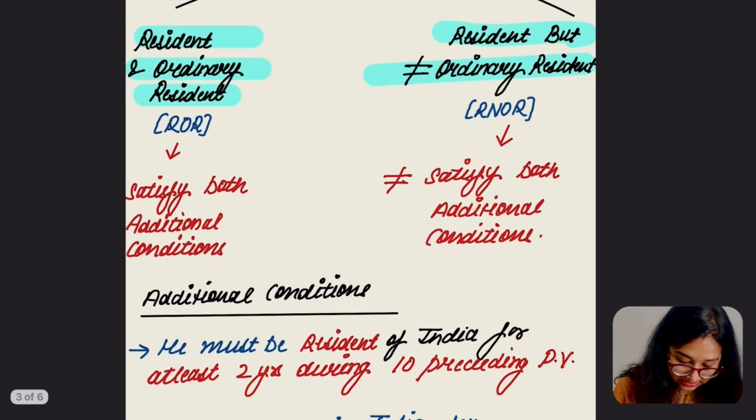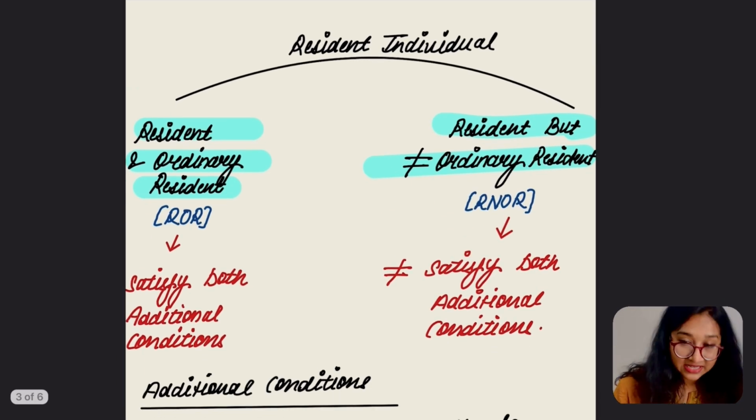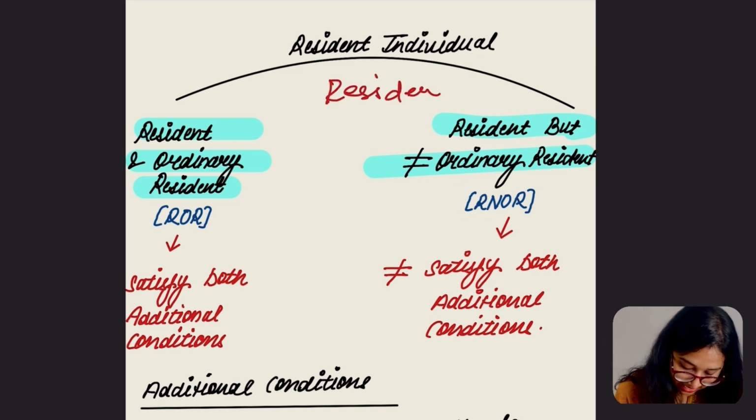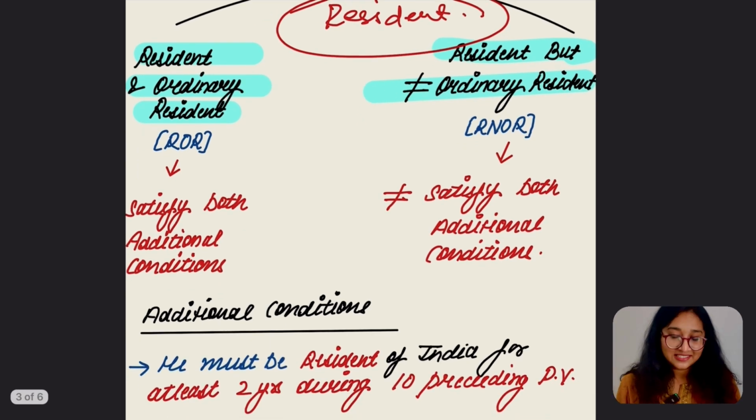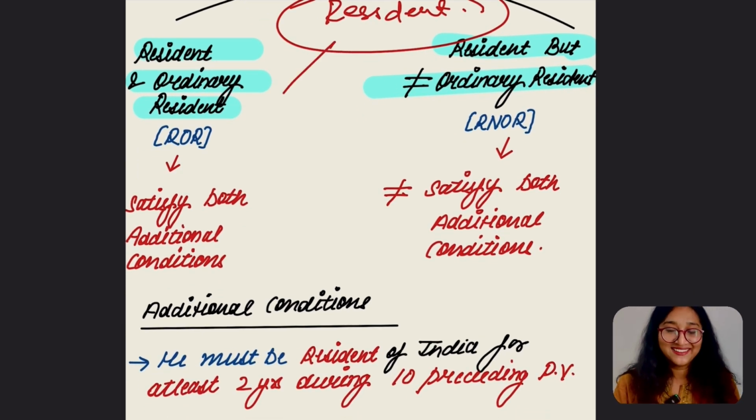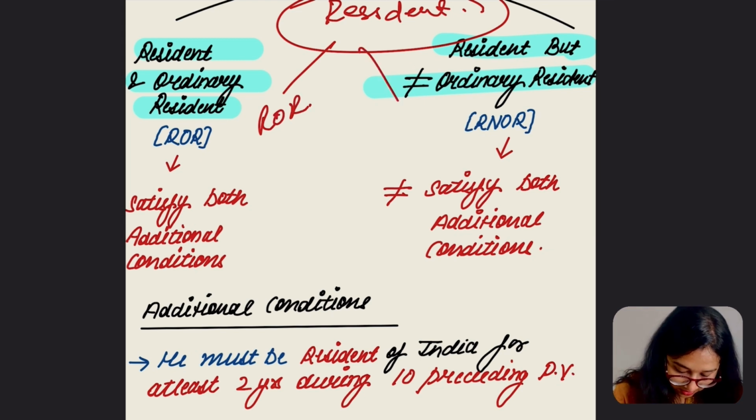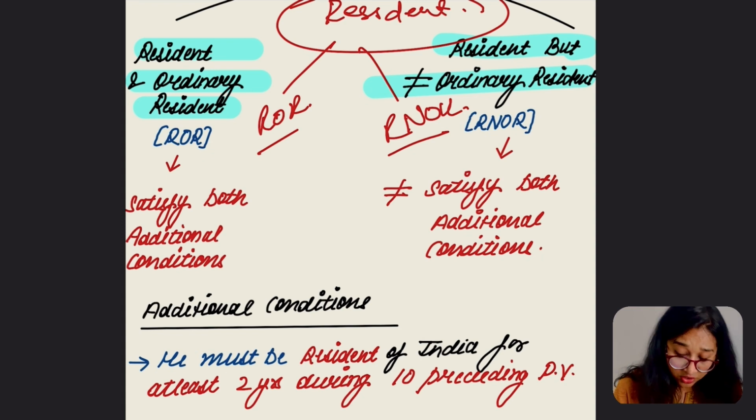Now I have to understand this. If a person is a resident, definitely this is going to apply only to residents. Once he has fulfilled the condition of being a resident, then only this part is going to apply, right? Which part? ROR, resident and ordinary resident, and RNOR, resident but not ordinary resident.